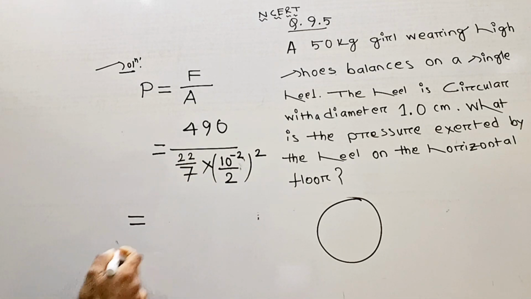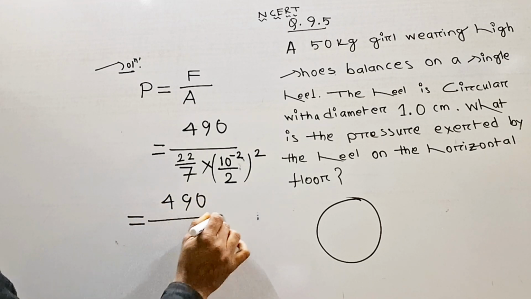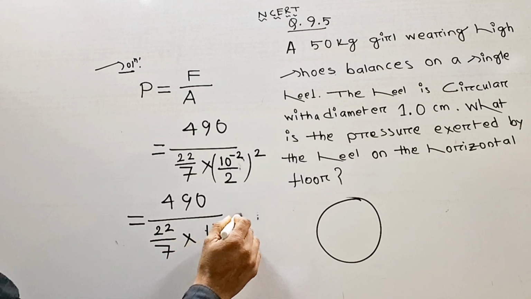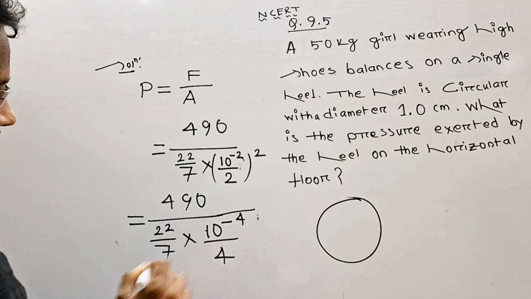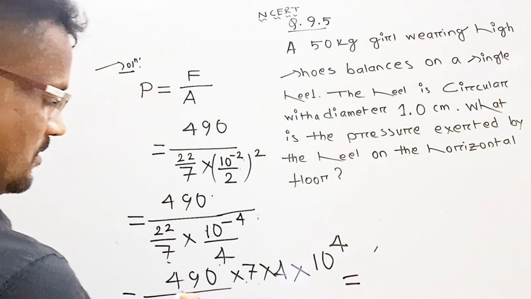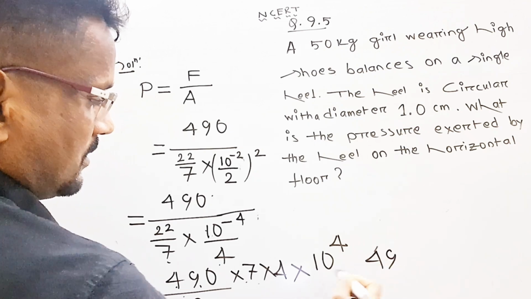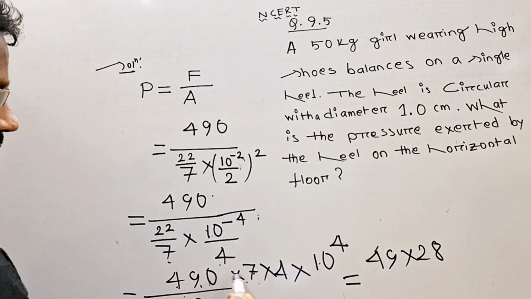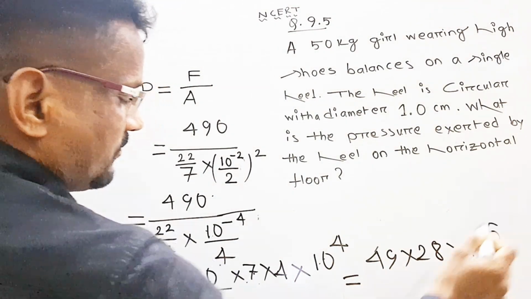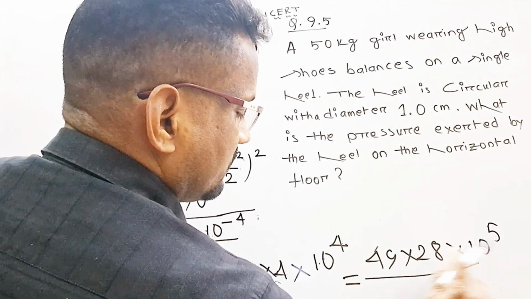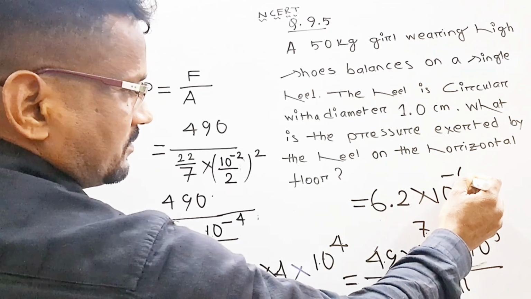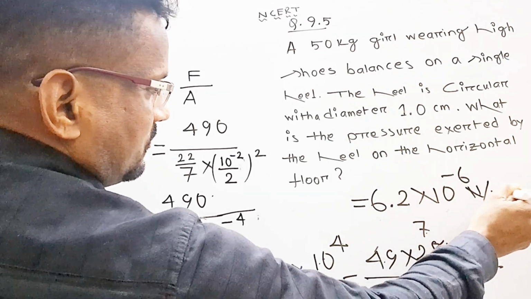Now let me show the process of simplification here. 490 over 22 by 7 into 10 to the power negative 4 by 4. Then, 49, 10 to the power 4 is here, 7 into 4 is 28, and this 10 becomes 10 to the power 5, divided by 22, giving 10 to the power 6 Newton per meter square.